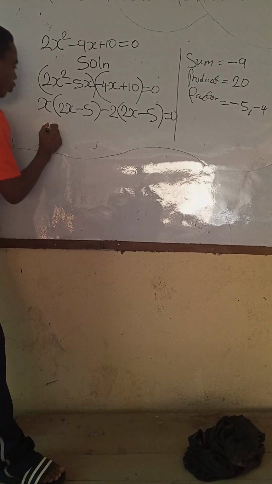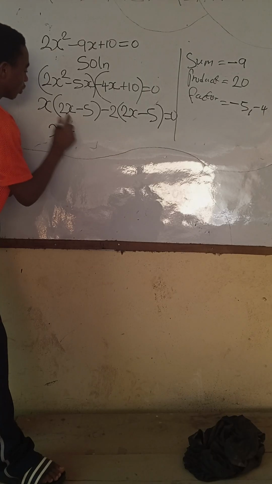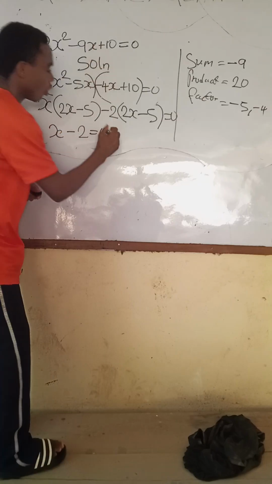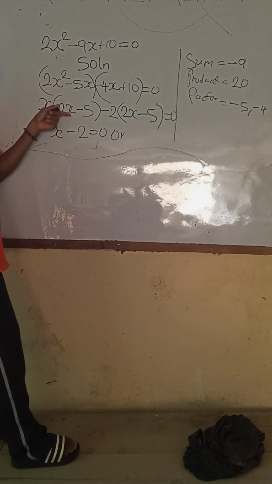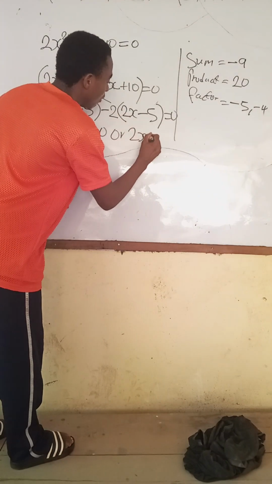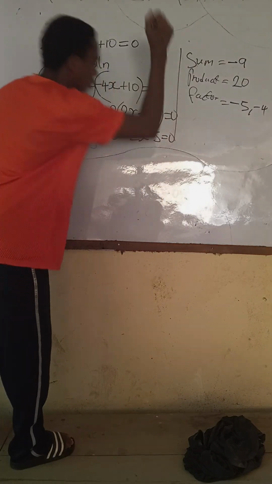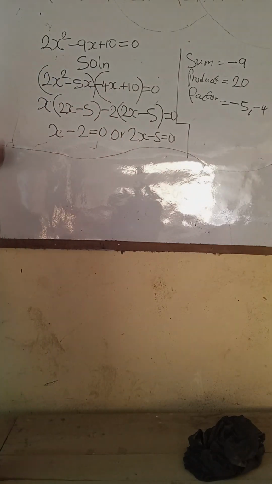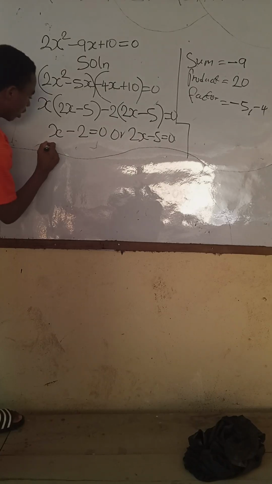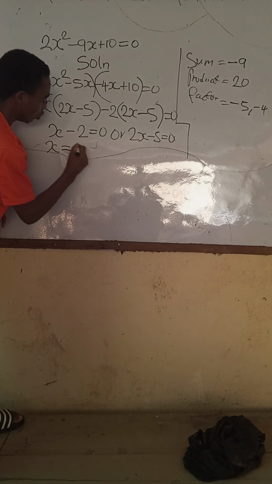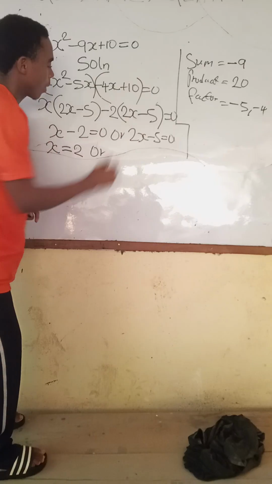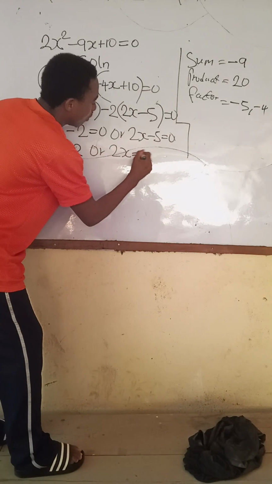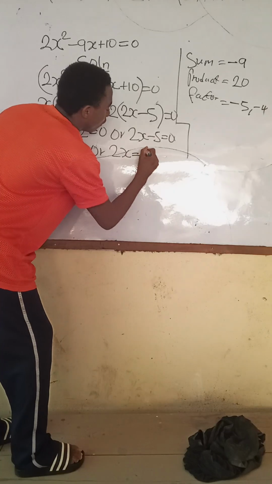Now, x minus 2 is equal to 0, or 2x minus 5 is equal to 0. Now we go again. x is equal to 2, or 2x is equal to 5.